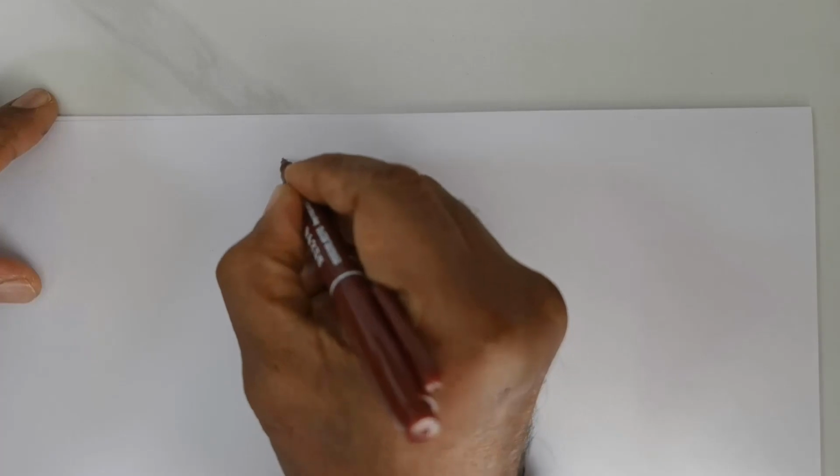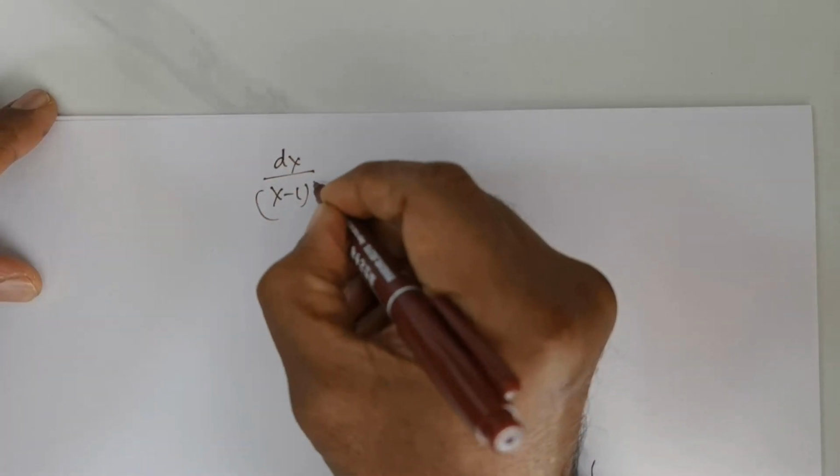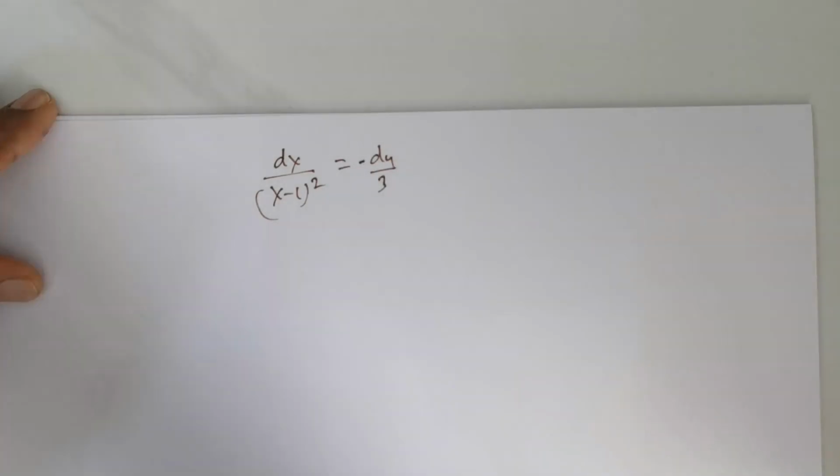So, you got dx over (x-1)^2 is equal to du over 3 with a negative sign.